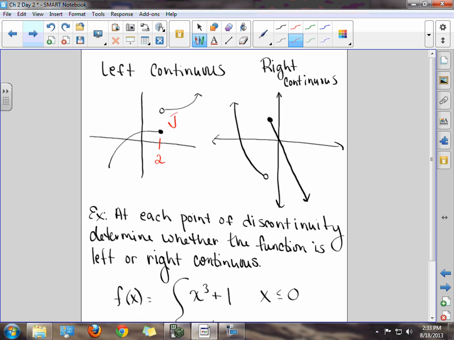This would be a jump discontinuity, but the function value is defined when we're coming from the left. f of 2 is defined. So this would be left continuous. If as you're approaching from the left, the function value is defined on that interval, then it's going to be left continuous. If as you're approaching from the right, the function is defined on that interval, then it's going to be right continuous. So here's an example for you.